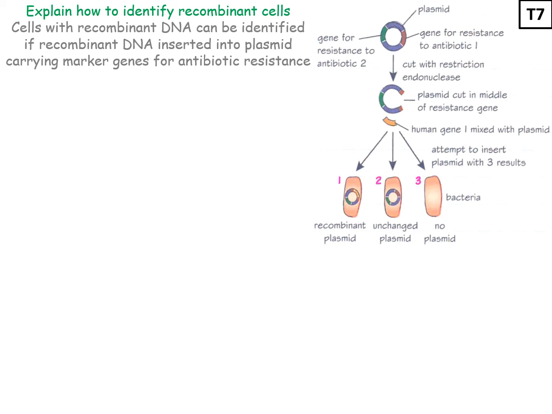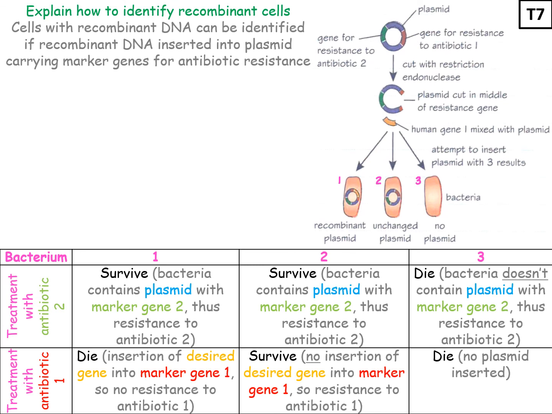Those are the three options, and depending on how we treat the bacteria with antibiotic 1 or antibiotic 2, we can identify if the bacteria is a recombinant cell.